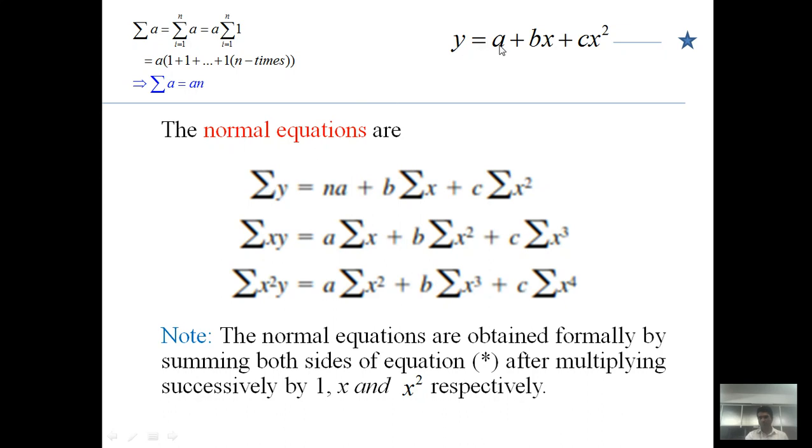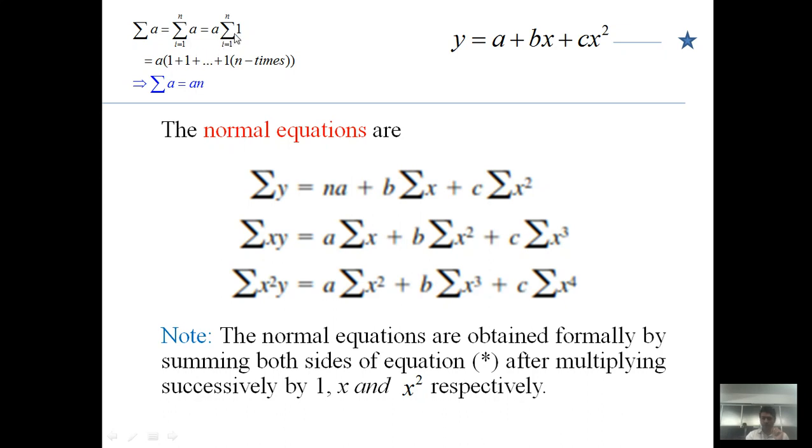So the first term becomes summation of a, which is also written as summation i running from 1 to n of a. Here we do not write i, just for convenience. A is constant, so take it outside: a times summation i from 1 to n of 1. When i is 1, the term is independent of i, so it gives the value 1.